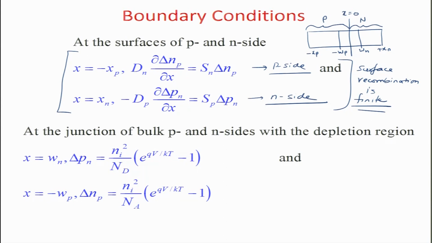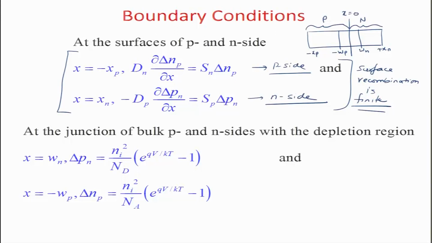So the surface is not very far from the junction. If the surface is very far from the junction, then essentially you will have to change these boundary conditions. But generally in solar cells, the surface recombination is finite.